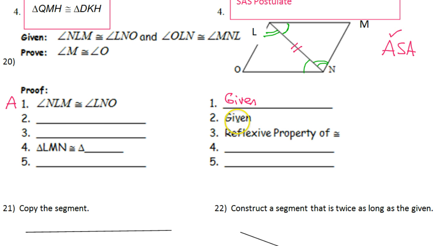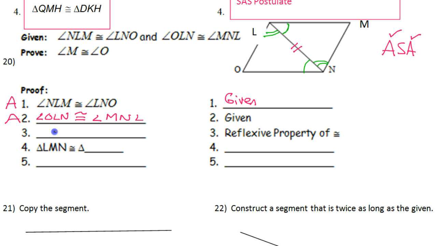Then the second reason is another given, so it must be the rest of this. So it must be angle OLN is congruent to angle MNL, because that's the other given. Alright, so that's another angle, so that checks off the other angle in angle side angle.